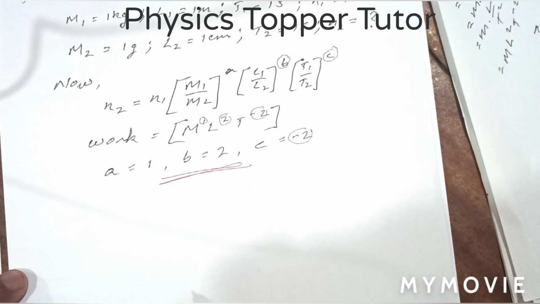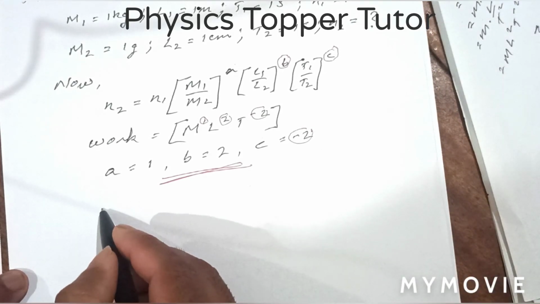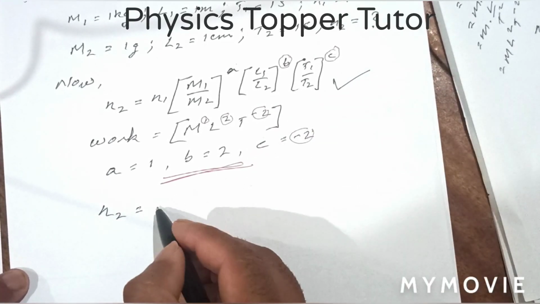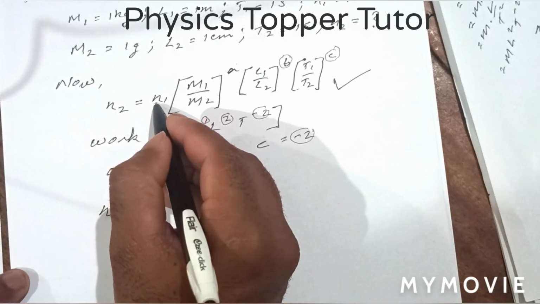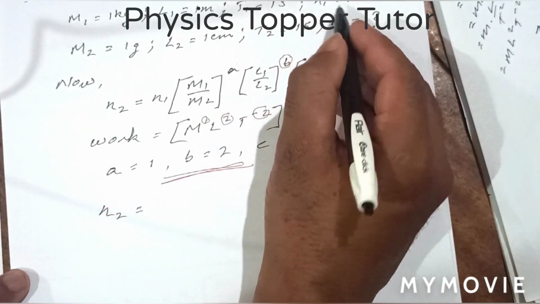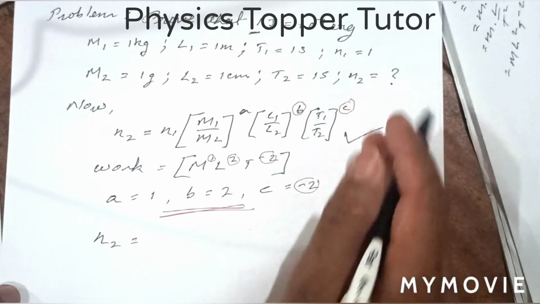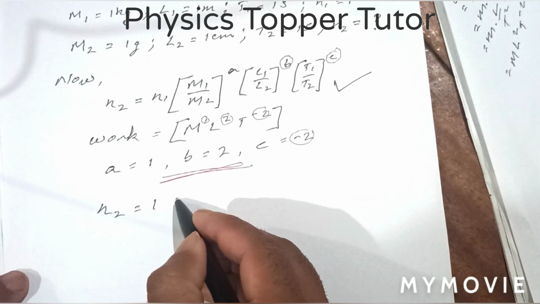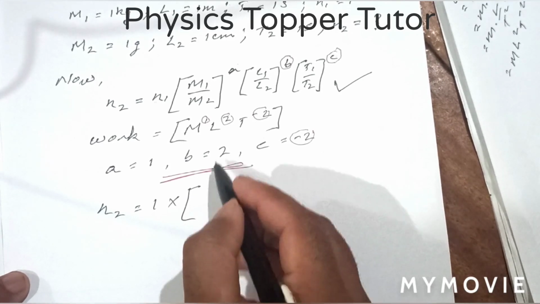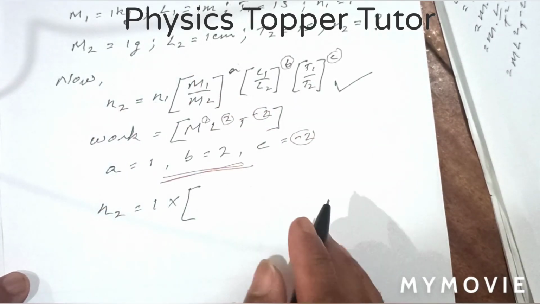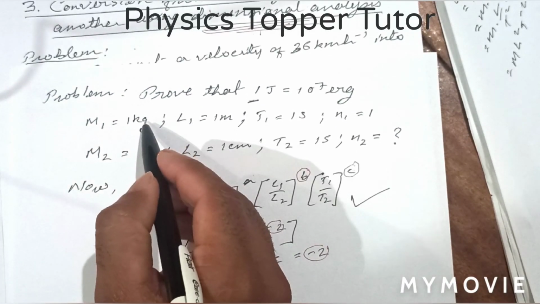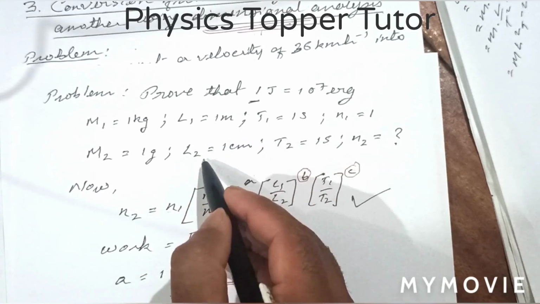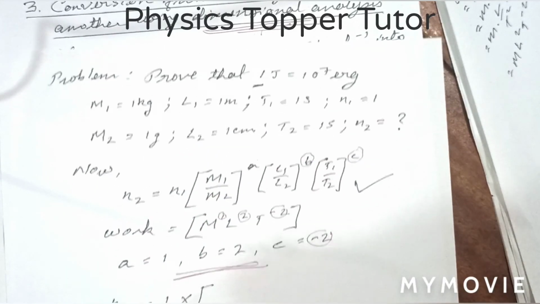Now let's put the value in this general equation. N1 is 1. Okay, here 1. So N1 is 1, and into, what about M1? M1 is 1 kg, and M2 is 1 gram, and L1 1 meter, and L2 1 centimeter, and so on.